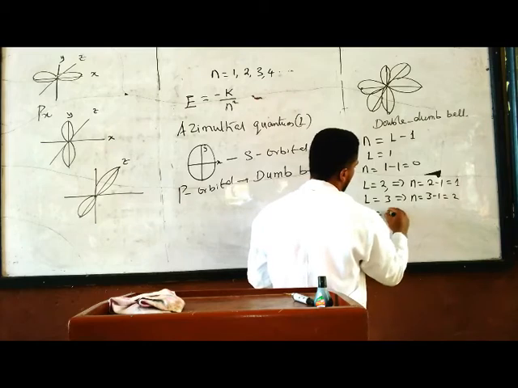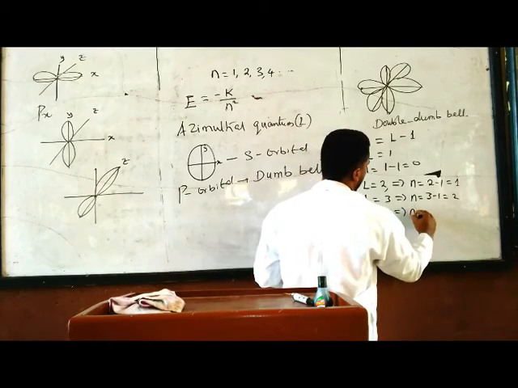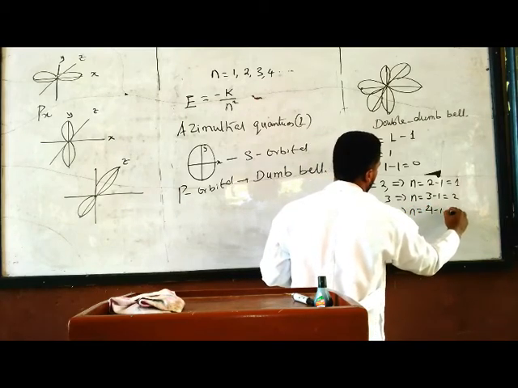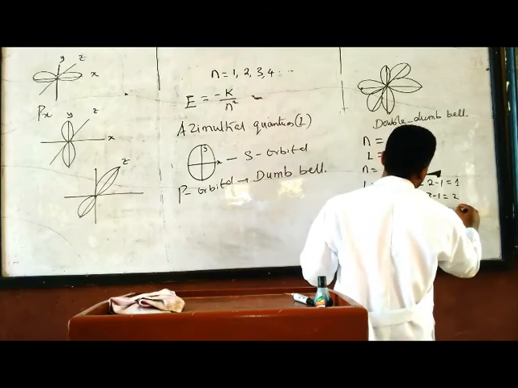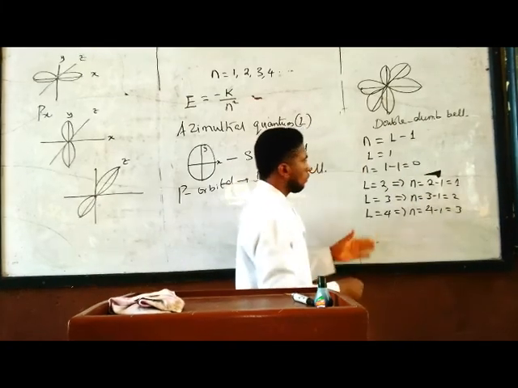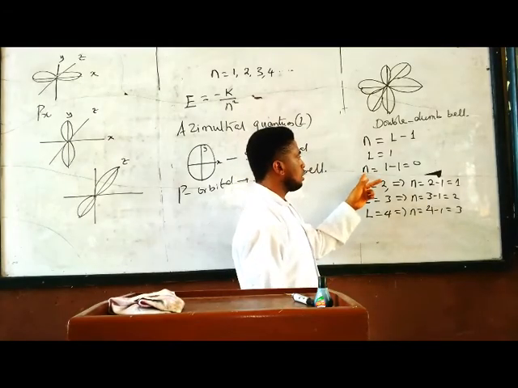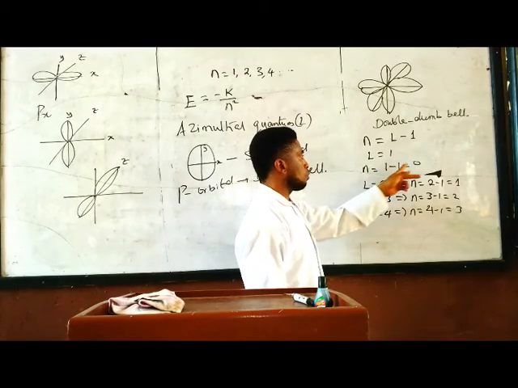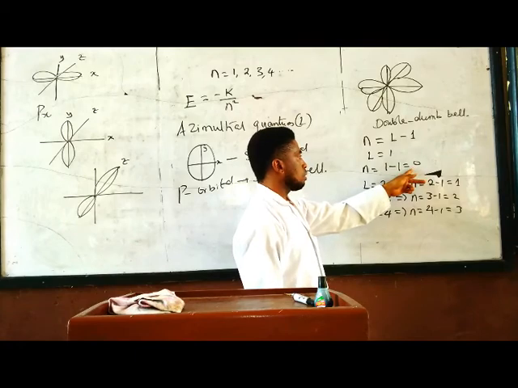When L is 4, N is 3. So, when L is 1, N is 0. Okay?